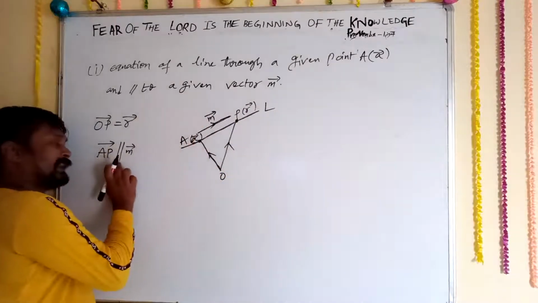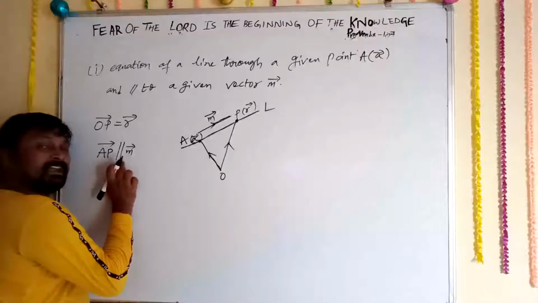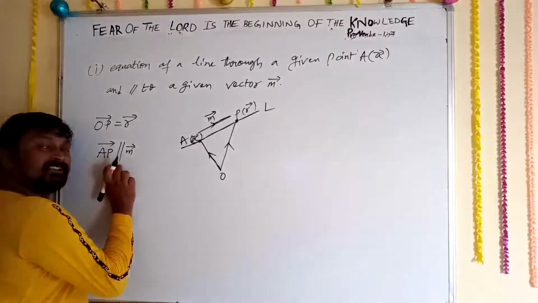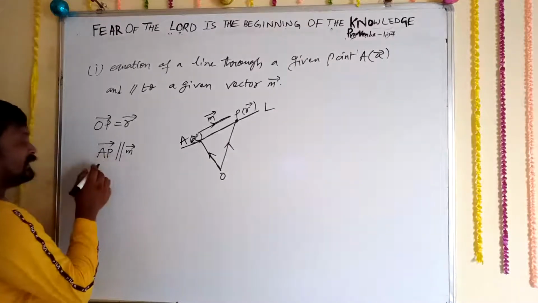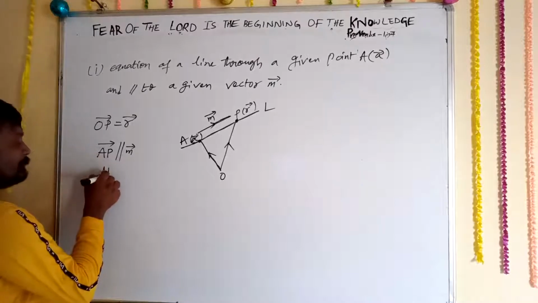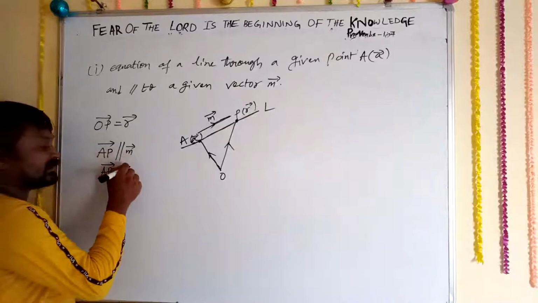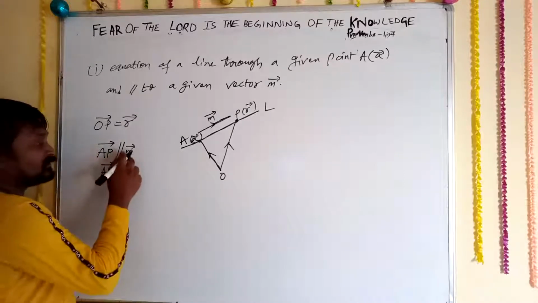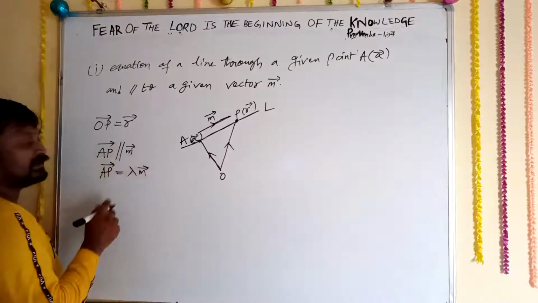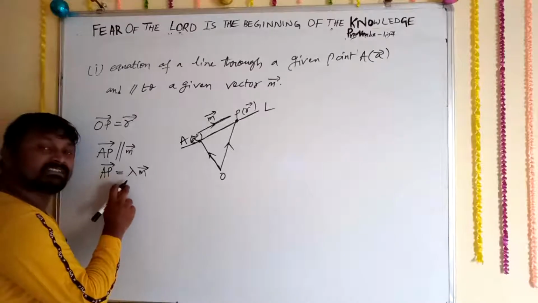Whenever we remove the parallel symbol, we have to keep one constant. So here AP vector is equal to, and the constant I give as lambda, lambda m vector. Lambda is a constant.